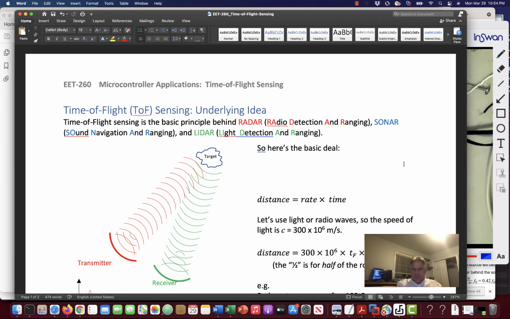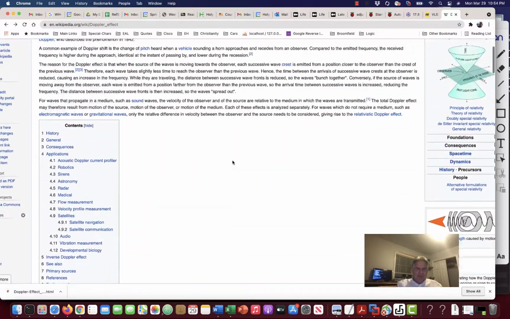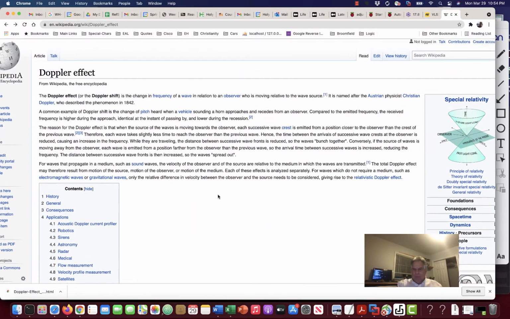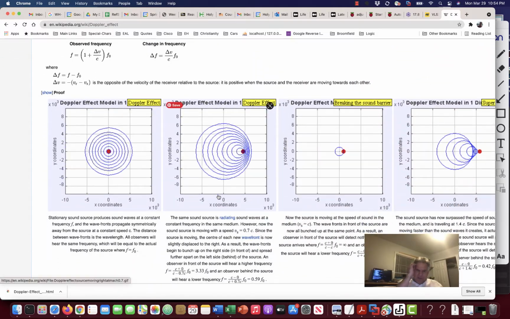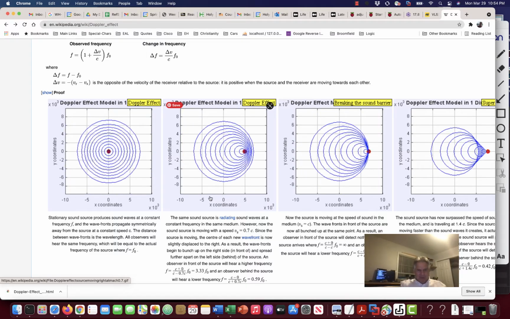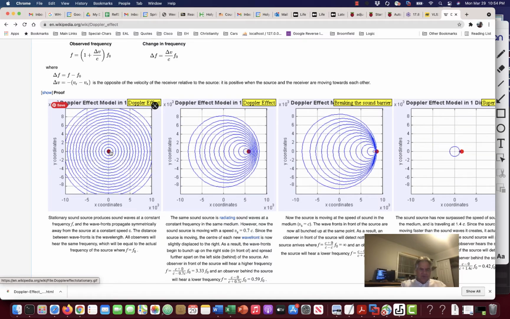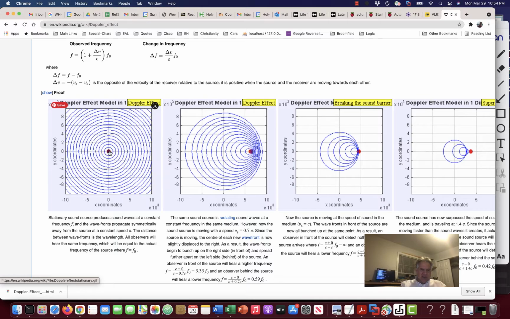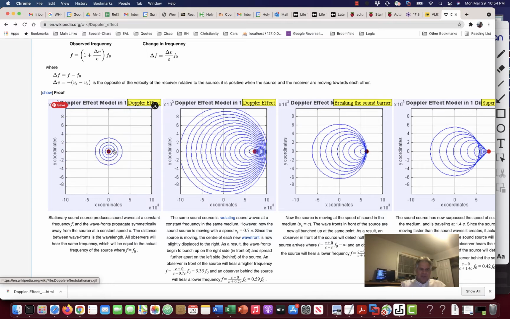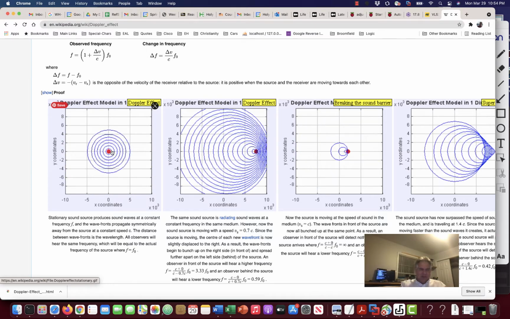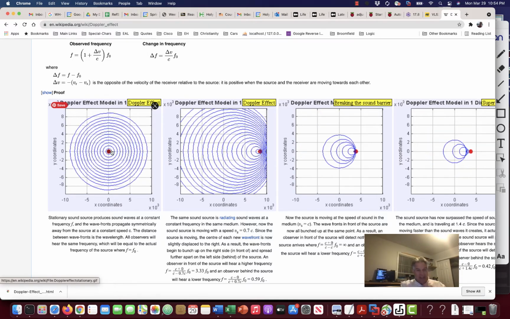Wikipedia has a nice Doppler effect thing. This is the Wikipedia Doppler effect page, and if you wonder, how does this thing happen? Well, especially with sound waves in air, if someone sounds a note at a fixed position and the observer, say us, is at a fixed position, the sound waves are formed as compressions and rarefactions, compressions and expansion of the air, of the gas.